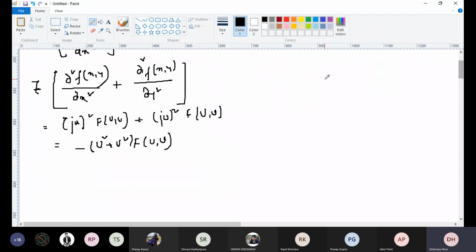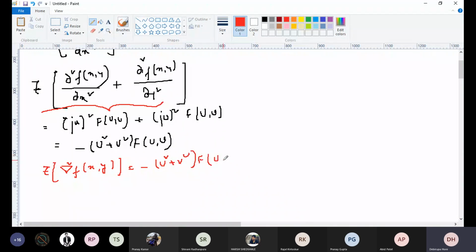Therefore, we can write this entire function as the Fourier transform of del square f of x, y, which is equal to minus (u square plus v square) F of u comma v.